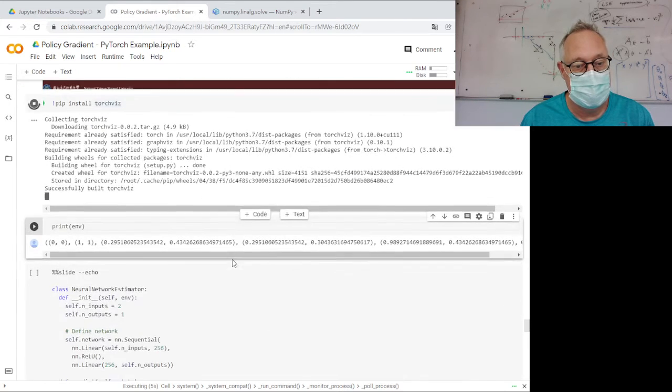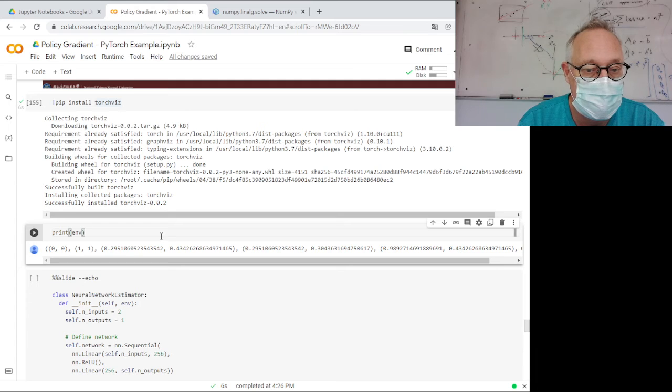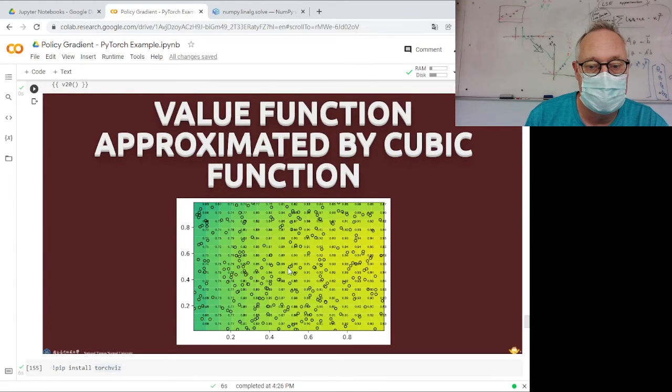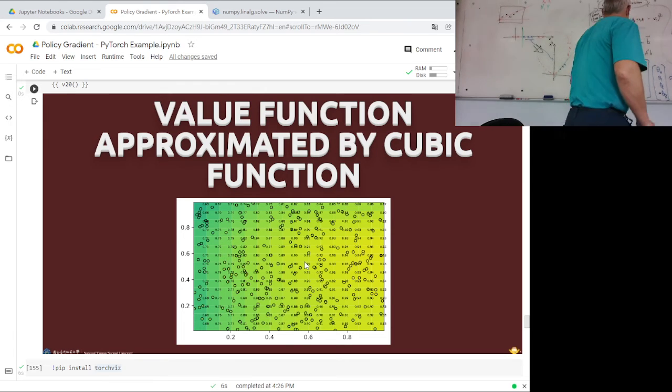So there are also powerful functions for visualizing our networks or our solutions. Oh, yes. So now this is my function, what I get if I generate x squared, x cubed, y squared, y cubed.